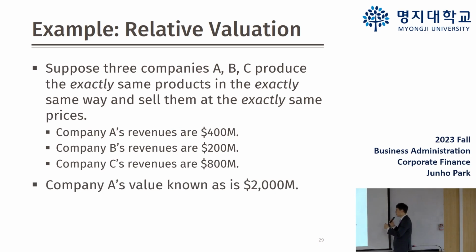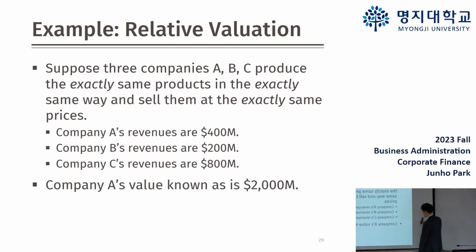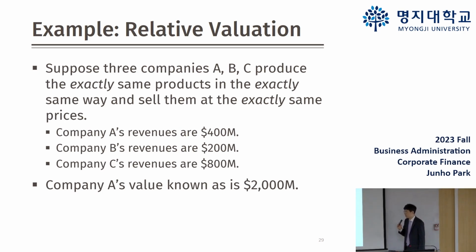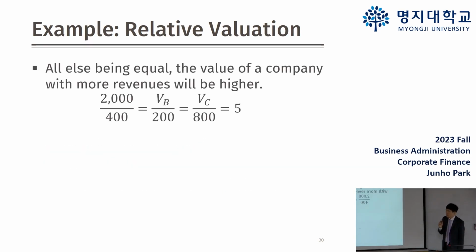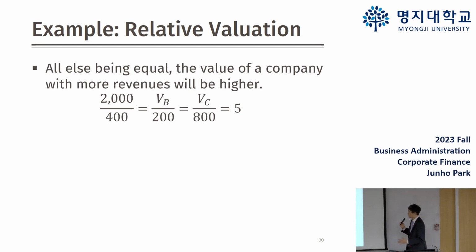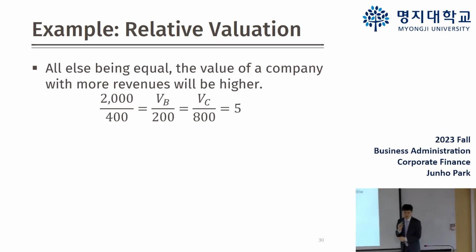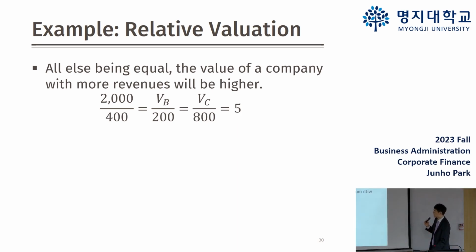And if we know that company A's value is $2,000 million, we can compare other companies' value to company A, and then we can guess about their values also. So all else being equal, which means all other characteristics are the same, the value of these companies will be higher when they have more revenues.